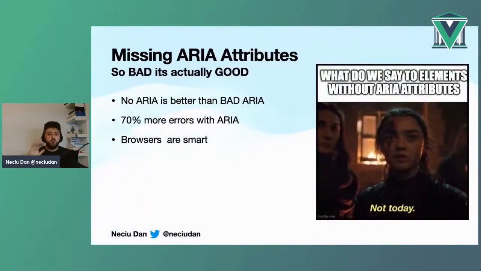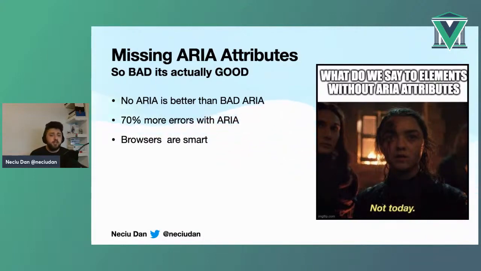So all through the talk, I've been talking about ARIA attributes and how to add them, and usually they are like the solution to all our problems. But believe it or not, no ARIA is actually better than bad ARIA attributes. The reason for this is the WebAIM Million report found that homepages with ARIA present have 70% more errors than those without.